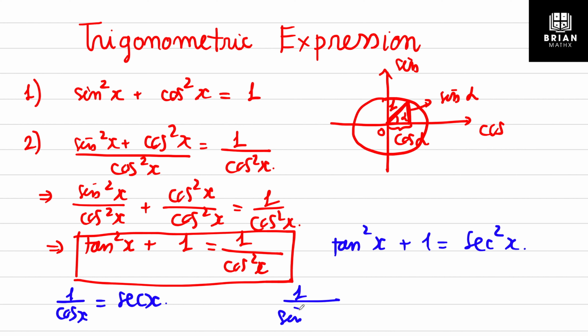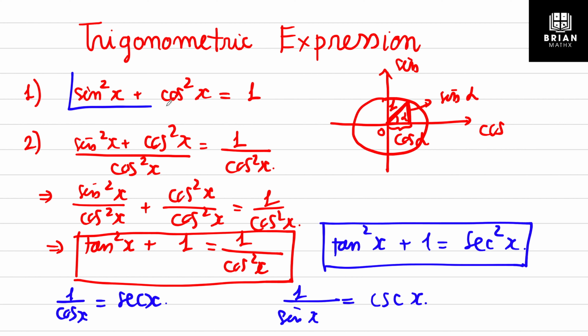Another reciprocal trigonometric function is 1 over sine equal to cosec x. Yeah, this is the second identity, and of course this one is the first. These two identities are very useful when you want to apply them to trigonometric expression exercises.